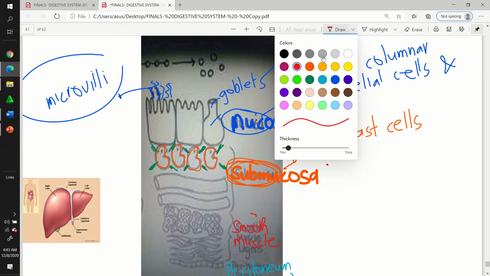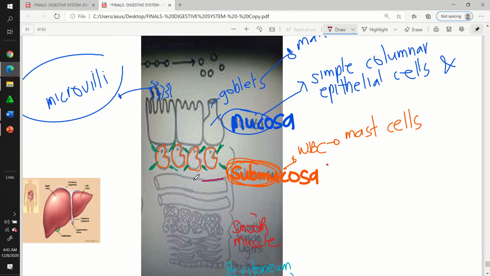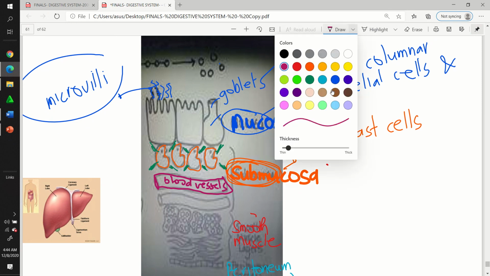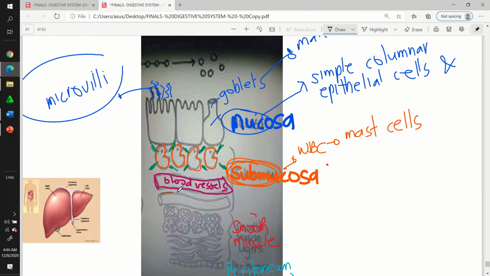And this pink color here, this is actually a lot of blood vessels, or your capillaries, and then lymphatic vessels.